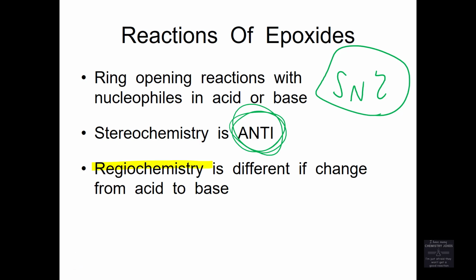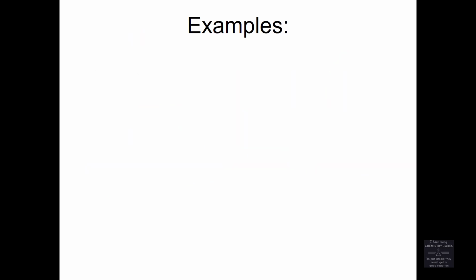The regiochemistry is different if you're under acidic conditions or basic conditions. And really, I should maybe even say acidic conditions versus neutral conditions, because generally under neutral conditions, you're going to do the same thing as under basic conditions. We'll explain with more examples, more details momentarily.